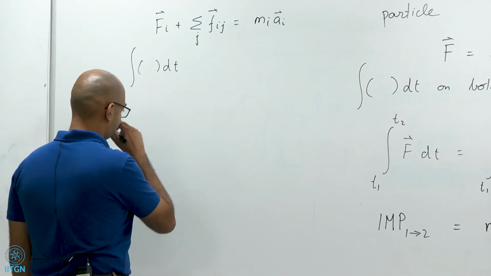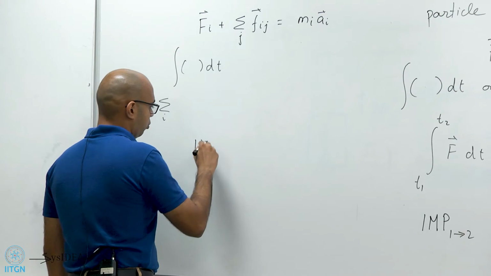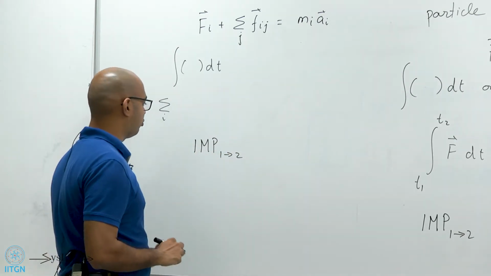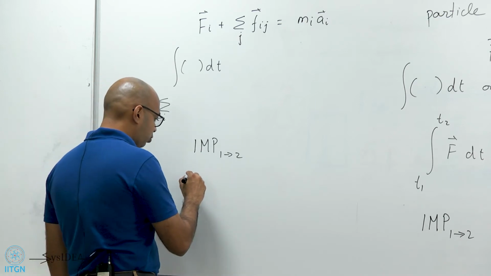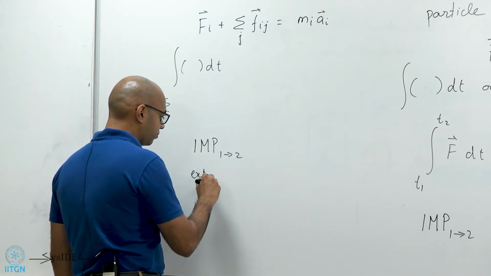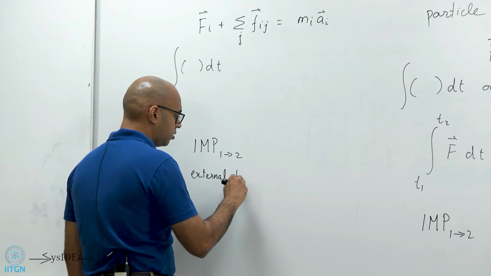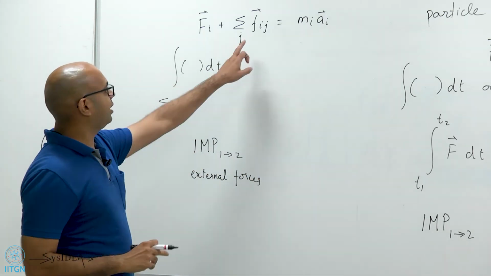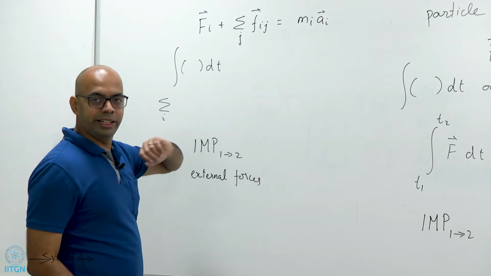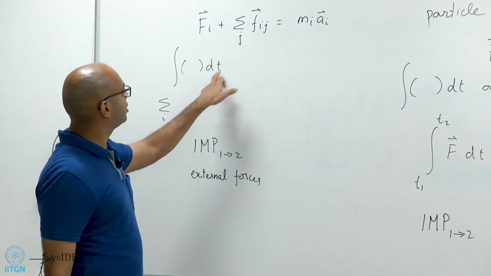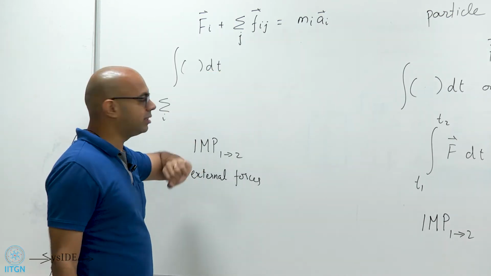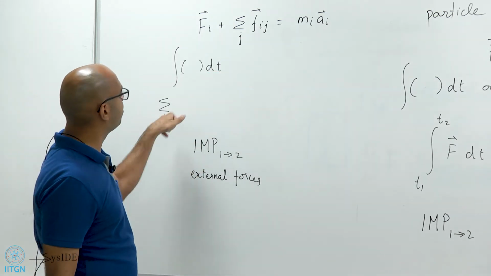Then I would get the total impulse in going from time 1 to time 2 only due to external forces. Because of the double summation, your Fij times dt will cancel out. The fact that it's multiplied by dt doesn't change that, because it's just a scalar multiplication.